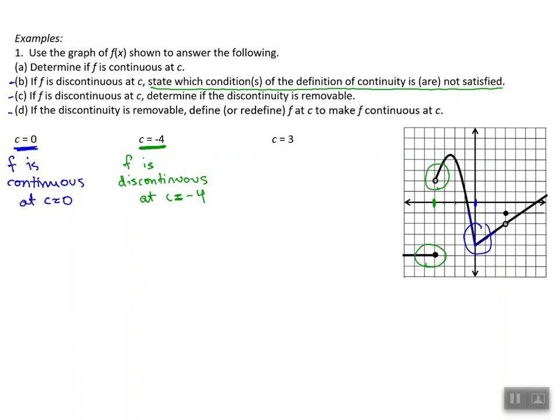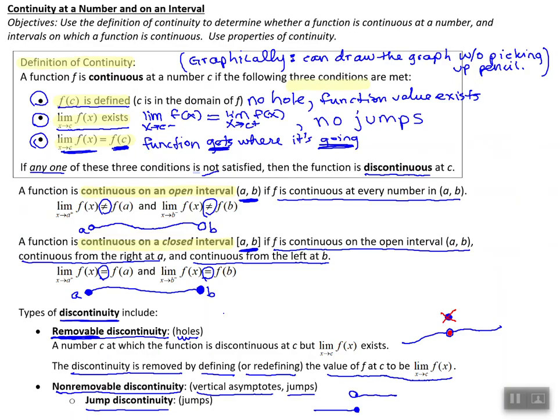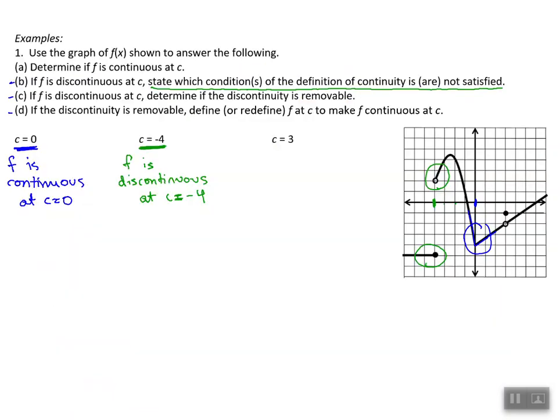Let's do a quick recap of what we learned we have to have for a function to be continuous. So we have to have that f of c is defined, the limit as x approaches c of f of x exists, and those two things equal each other. Well, when I look at this problem, the first part, f of -4, does have a value. That function value is right there at -1, -2, -3, -4, -5.